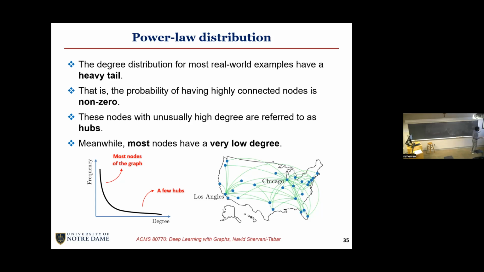But there are a few cities like Los Angeles and Chicago that are highly connected, while everyone else has 1 or 2 or 3 degrees. These have maybe 15 or 16 different cities connected to them.